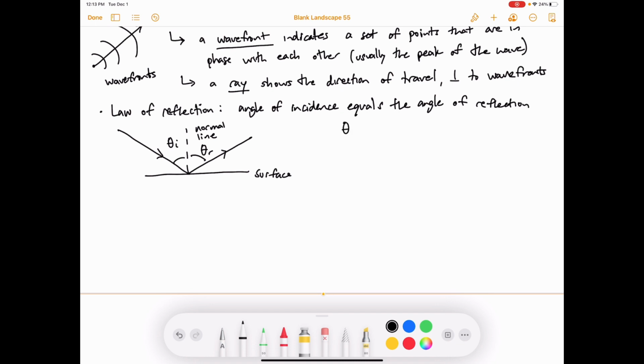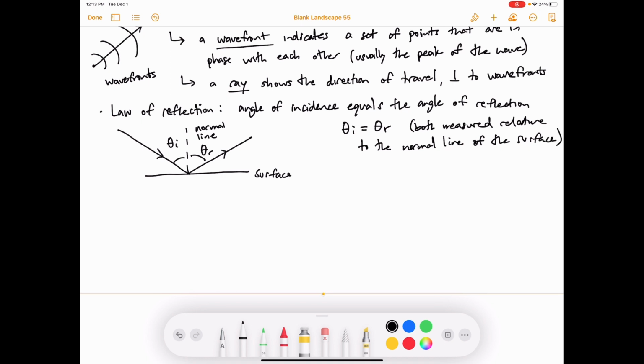So what we have is theta i equals theta r, where both are measured relative to the normal line. Okay, and that's how reflection works.